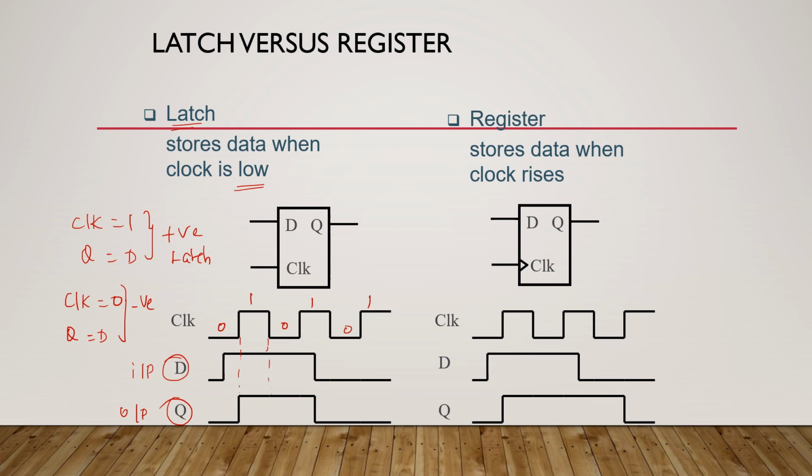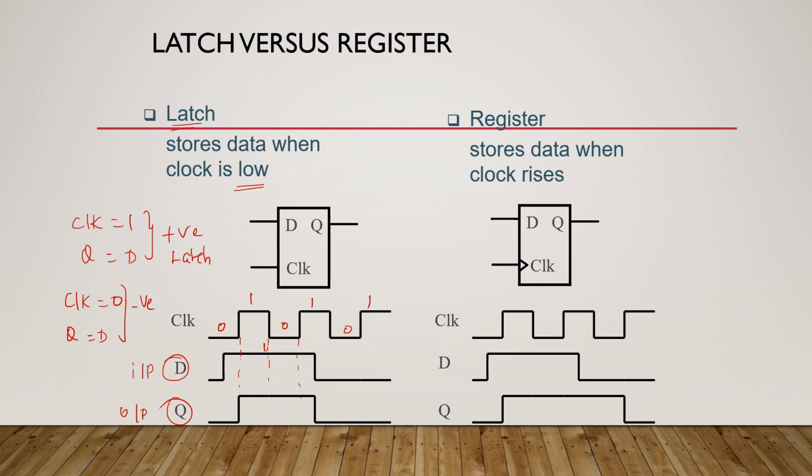During the negative phase, it just holds the last value. Here we have the 1, right? The same 1 we retain up to the full clock period. Even though the input changes, it won't copy.